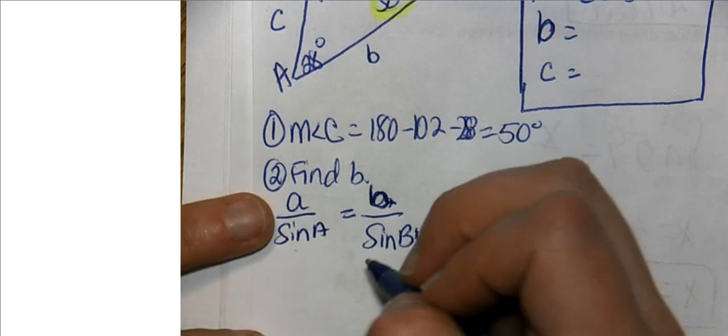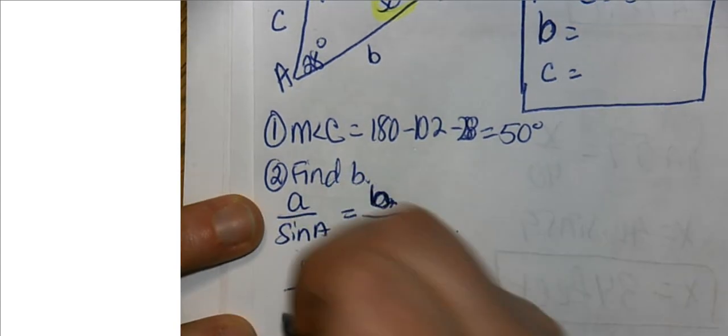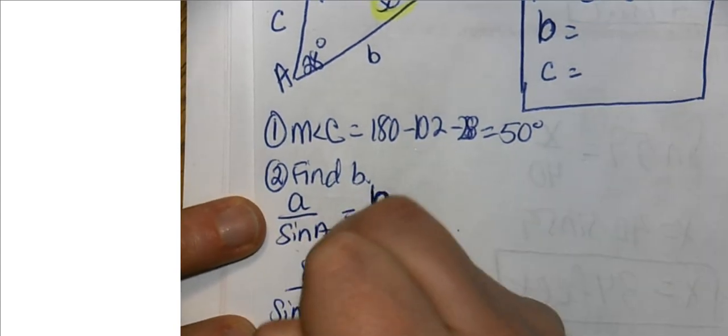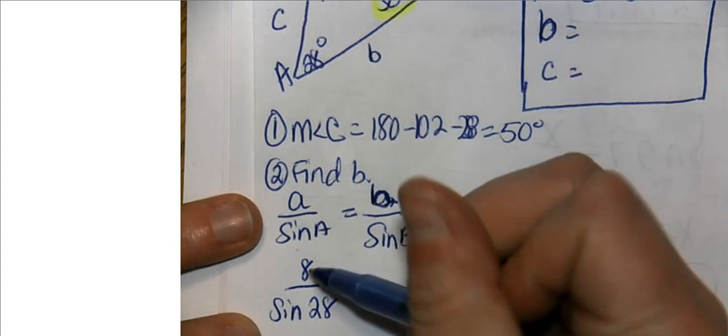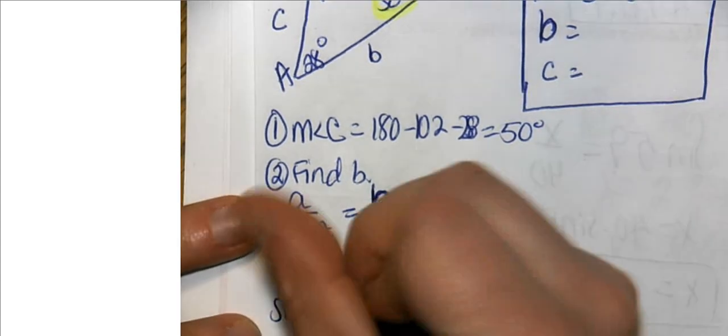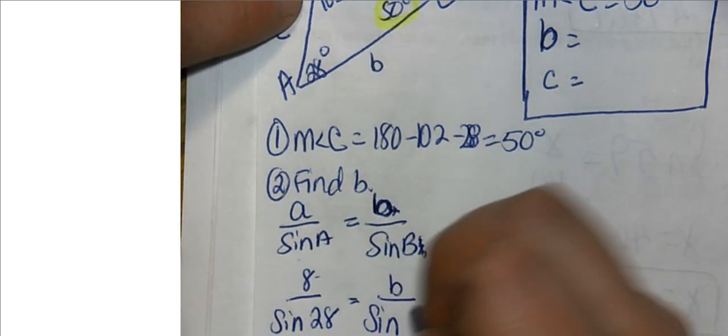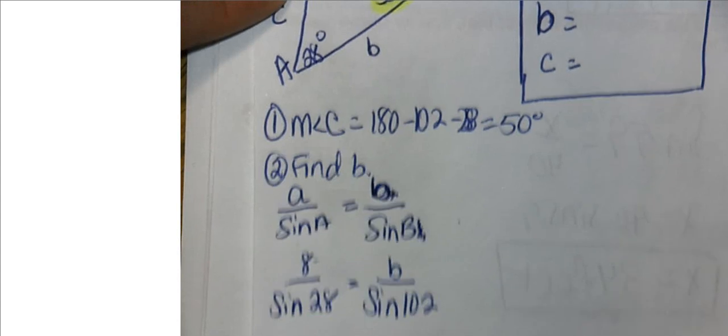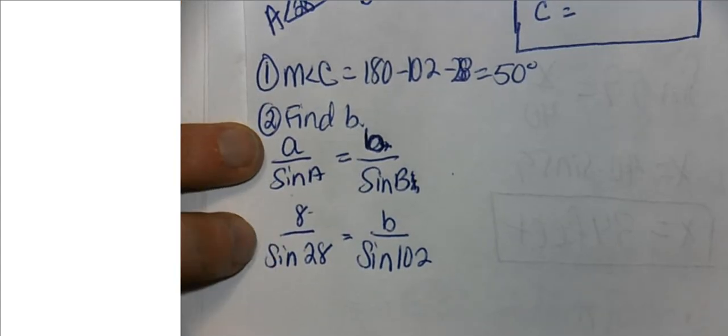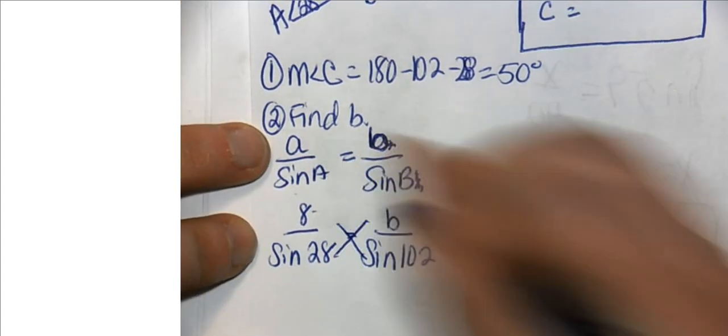So little a is 8 divided by the sine of 28. There's your little a inside of angle A. This equals little b divided by the sine of angle B, which is 102. And now this is just a proportion, and I'm going to use cross product.